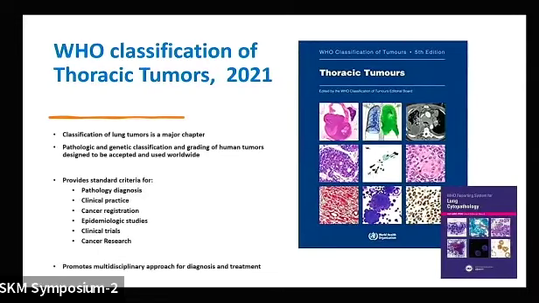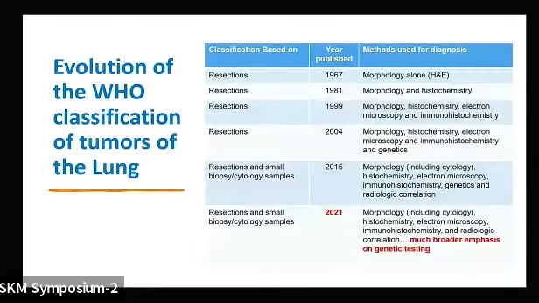And again, I would refer to this as a text for the pathologists in the audience to certainly work with and to study, to basically understand pathology diagnoses, and to have an idea about what it entails to be a cytopathologist working in the context of thoracic tumors, based on the main WHO classification of tumors, which basically came out in 1967, where resections and morphology alone was the main method being used for diagnosis of these tumors.